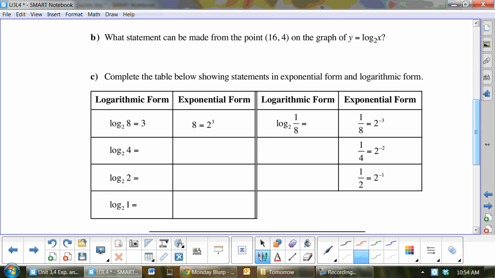Now, I actually don't like how they write it this way, and you'll see why I think there is a significant difference in the order you write it. If I'm going to take it from log form to exponential form, remember, log form and exponential form are the same if you do it right.